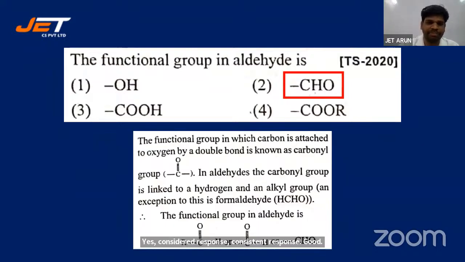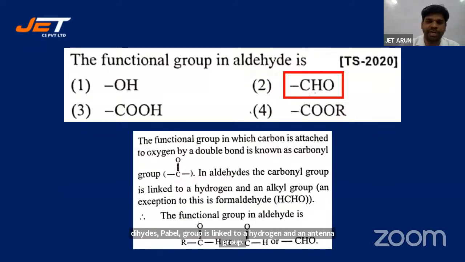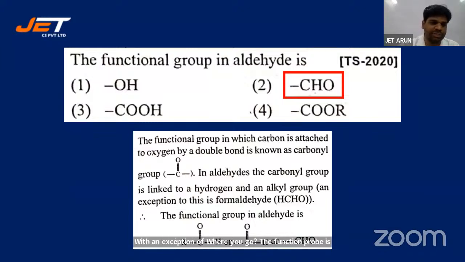Here's a statement. The functional group in which carbon is attached to oxygen by a double bond is known as the carbonyl group. In aldehydes, the carbonyl group is linked to hydrogen and an alkyl group, with the exception of formaldehyde, where you have HCHO. The functional group in aldehyde is CHO. RCHO, where R is an alkyl group, and CHO.